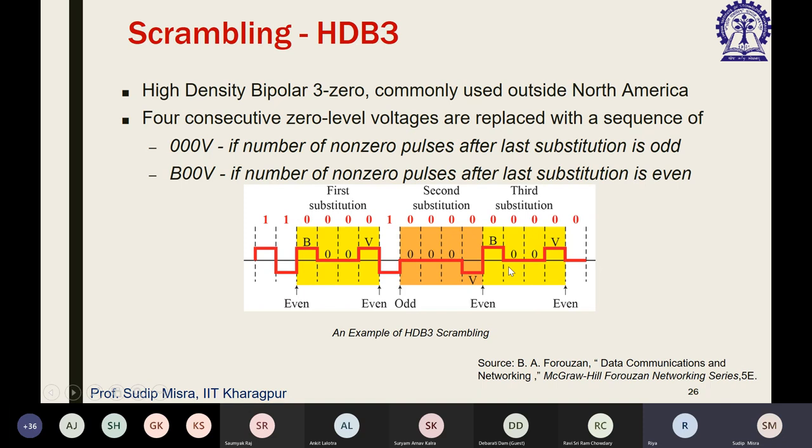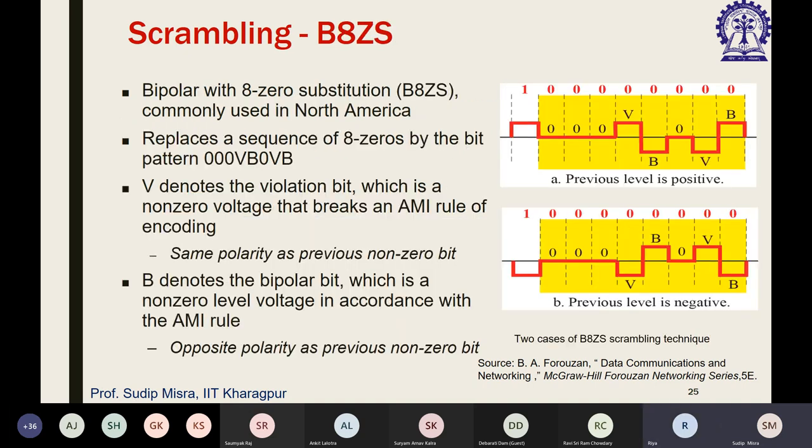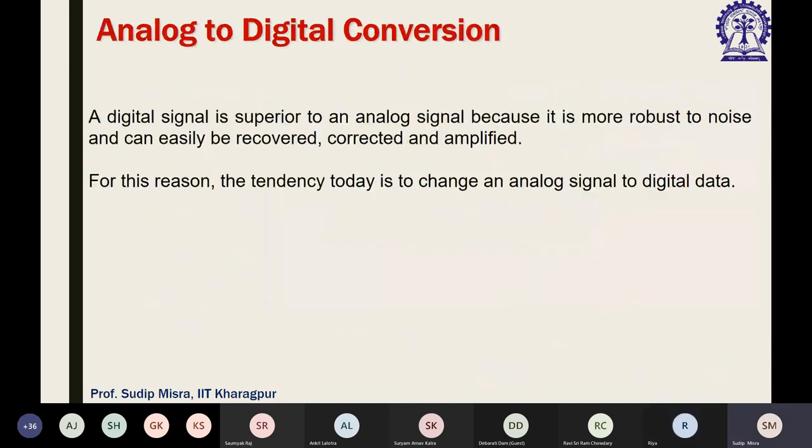So here you are considering 4 bits consecutively, and then you are substituting with the corresponding scrambled sequence. This is called bit scrambling. So the first one was B8ZS, the next one is HDB3. So those were basically how you are going to send digital data as digital signals.